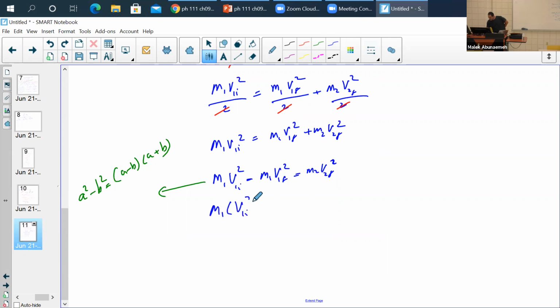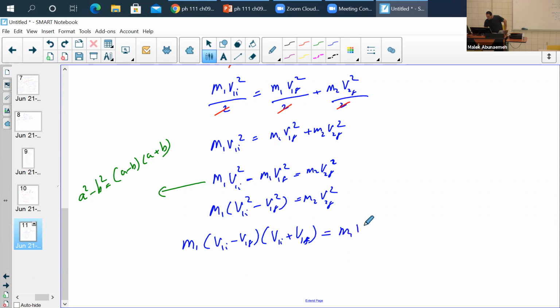You're going to have V1 initial squared minus V1 final square equal to M2 V2 final square. Using this property over here, you get M1 times V1 initial minus V1 final multiplied by V1 initial plus V1 final is going to equal M2 V2 final squared.